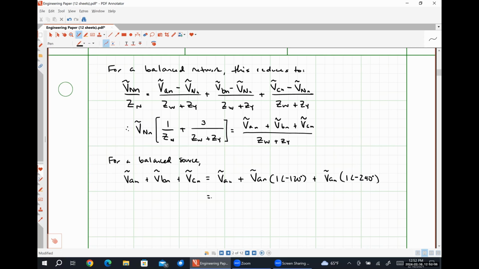So lumping things together, this looks like VAN times 1 plus 1 angle negative 120 degrees plus 1 angle negative 240 degrees. So I would like for somebody to put this bit right here into their calculator and tell me what comes out.